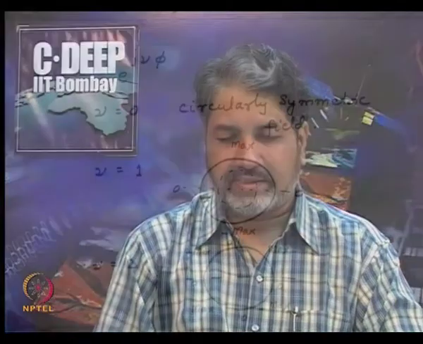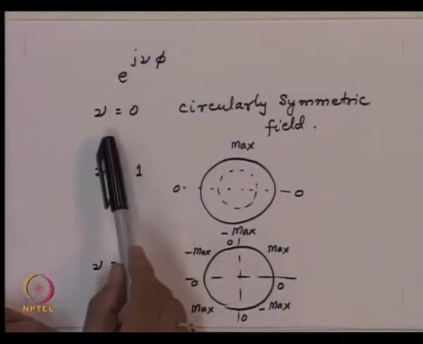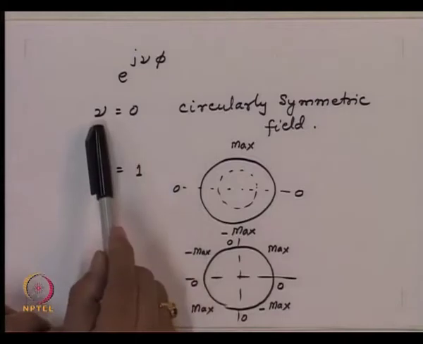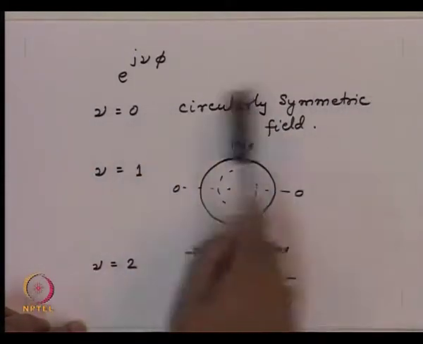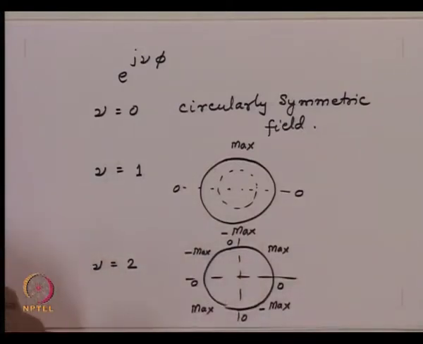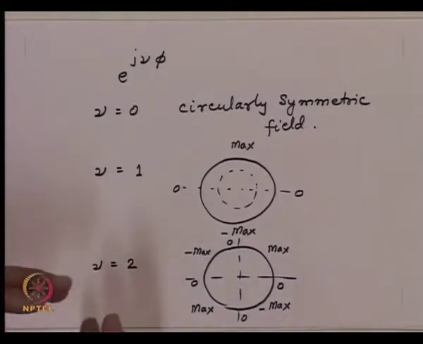Precisely, that is what these two quantities are telling us. If I consider a circularly symmetric case, which corresponds to nu equal to 0, then these modes or this field essentially correspond to the meridional rays. Whereas if you take any other field distribution or modes which correspond to nu equal to 1 or higher values, then they correspond to the skew rays.